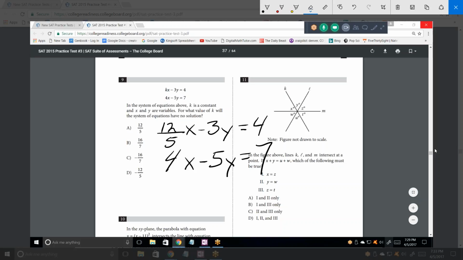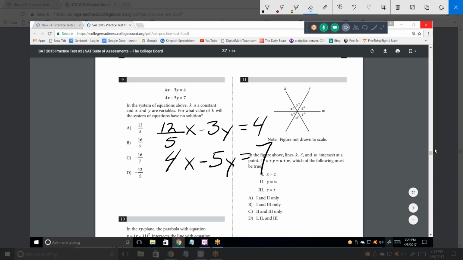This might be one of those problems where back solving is really the only way to go. In fact, the very first SAT problem you ever gave me when I came to your house was a vector problem, and you hadn't had vectors yet. And the only way to solve it without vectors was to back solve it. So there are problems on the SAT where you have to back solve. I'm convinced of that, or at least I almost am convinced of it.